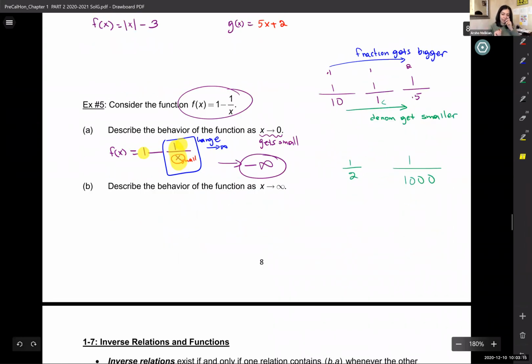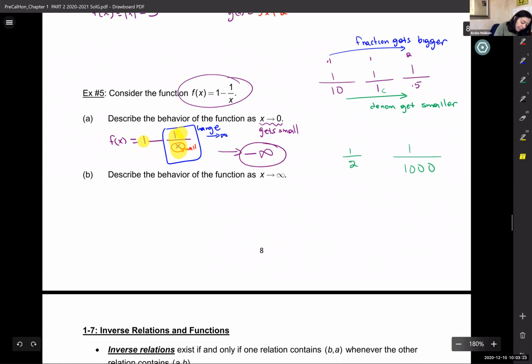And then we're on the last page of our notes. In part B, it says describe as x approaches infinity. So it gets very, very large. So look, I have f of x is equal to 1 minus 1 over x.